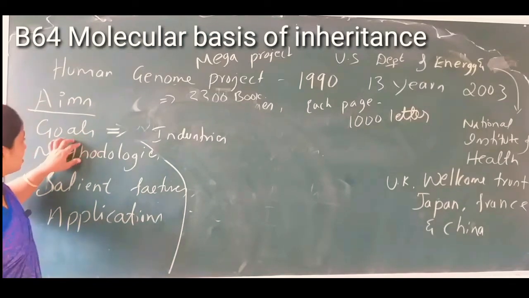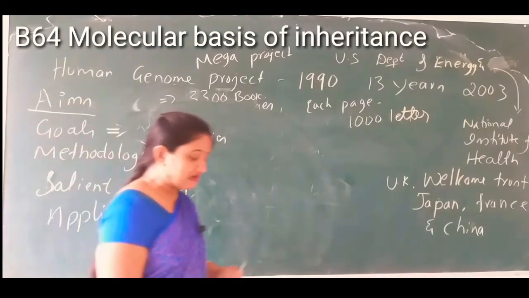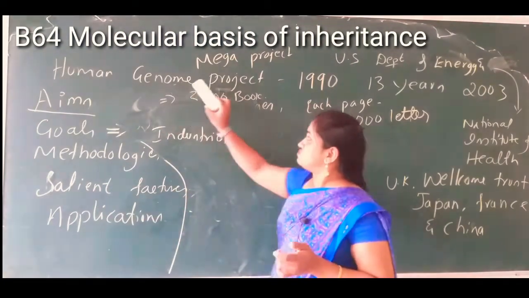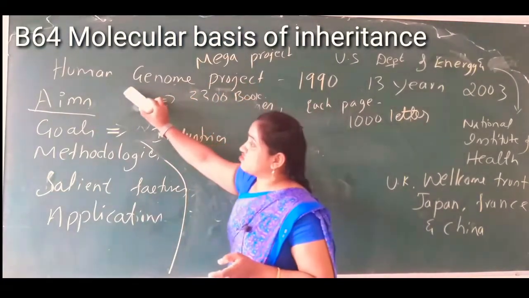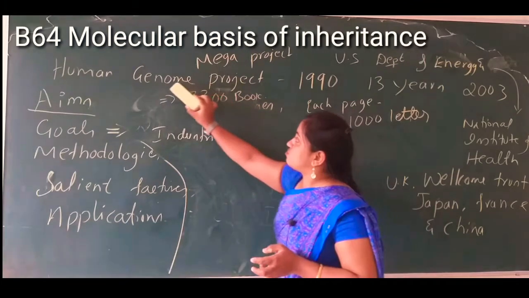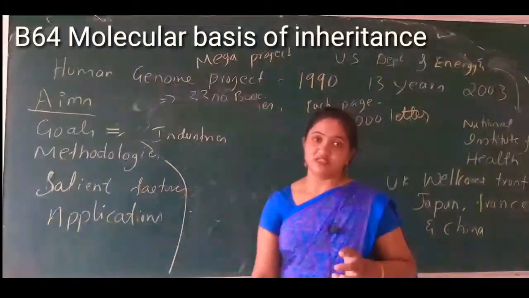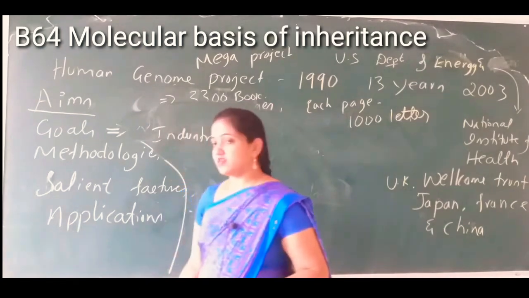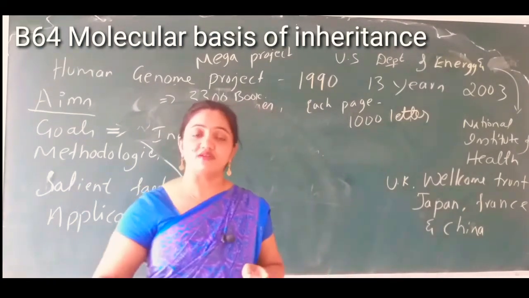So that is all about the goals. I repeat one more time: why calculate, why investigate the total number of genes present in the human body? Let me tell you the application of it so that it becomes a more interesting concept.